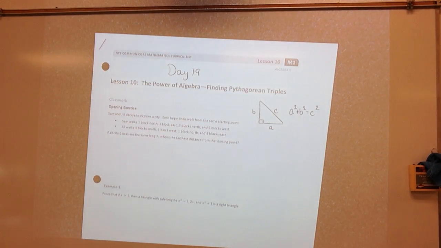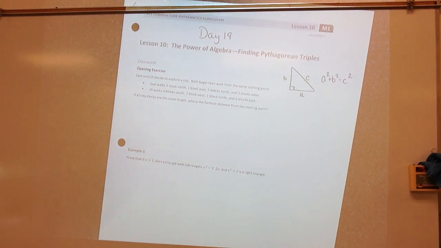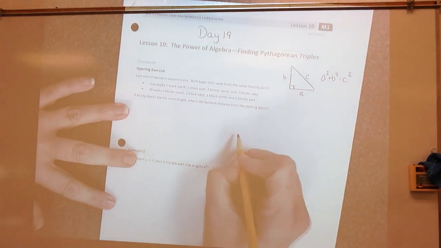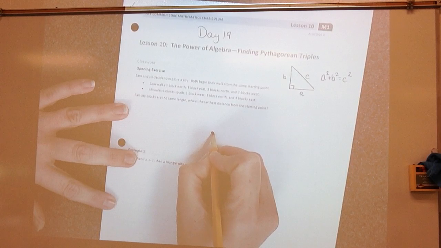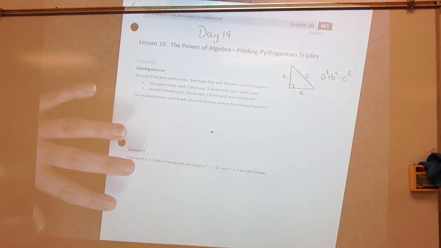Alright? So let's look at the opening exercise. We're going to go through this quickly. Sam and Jill decided to explore the city. Both begin their walk from the same starting point, so we'll let this be their starting point.